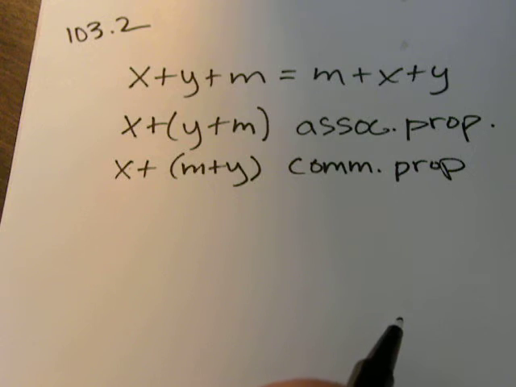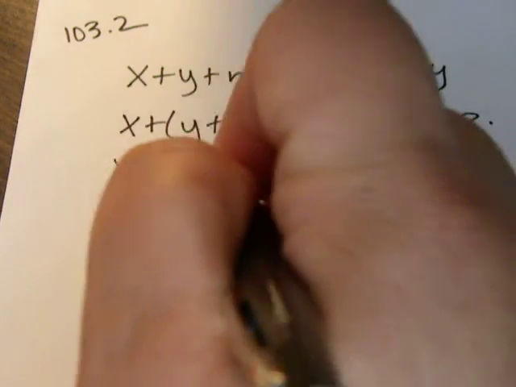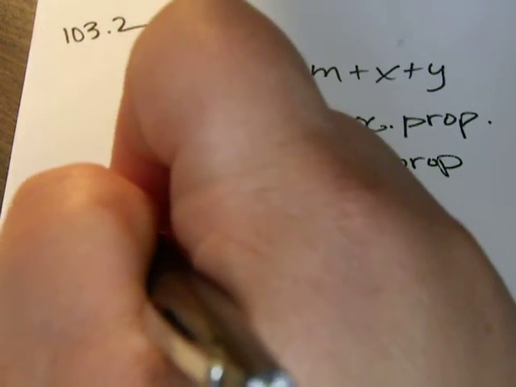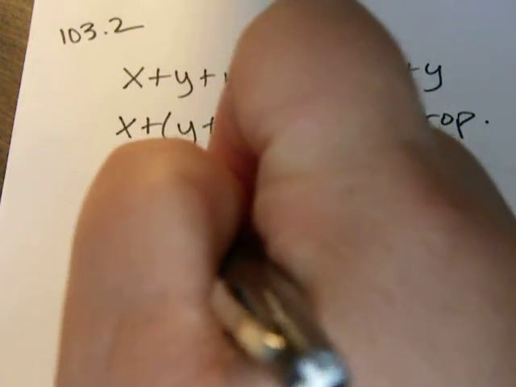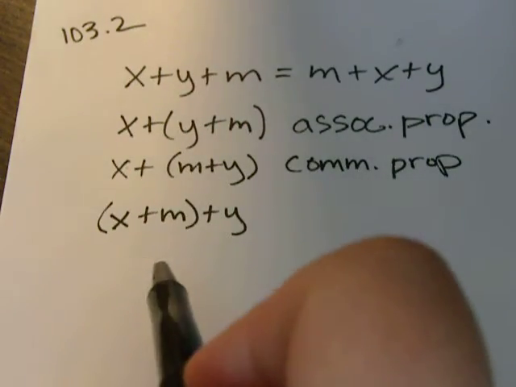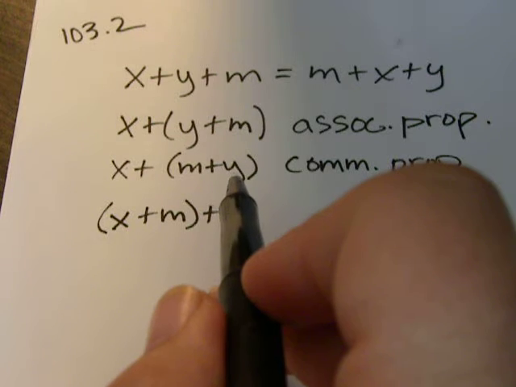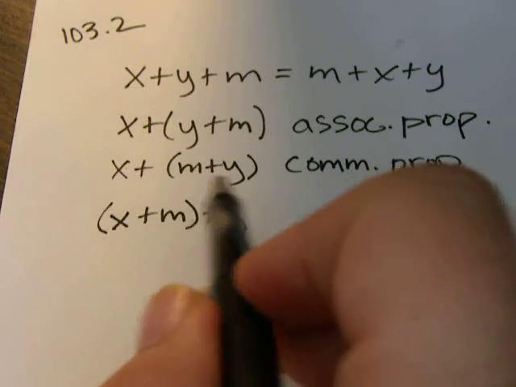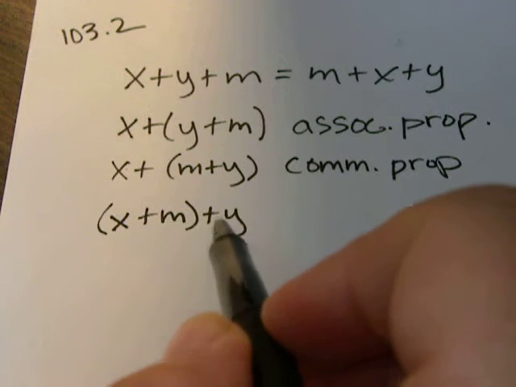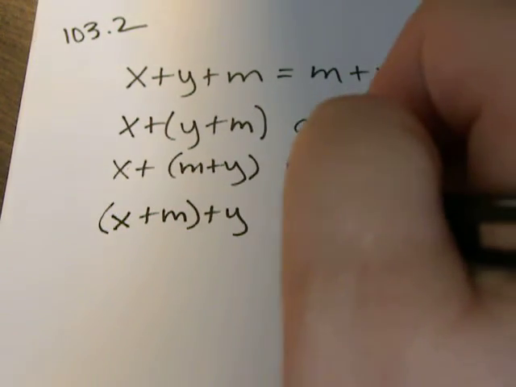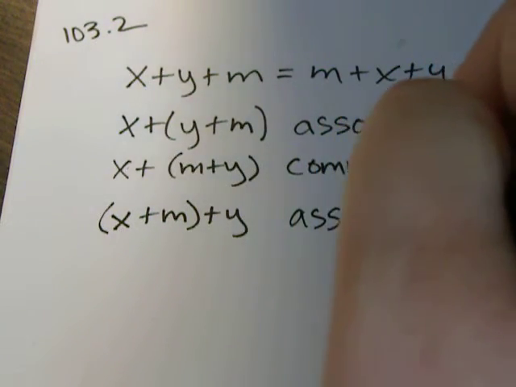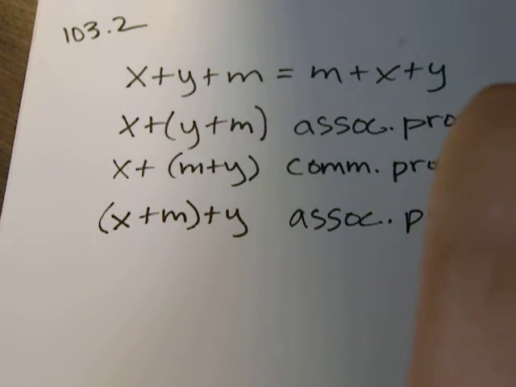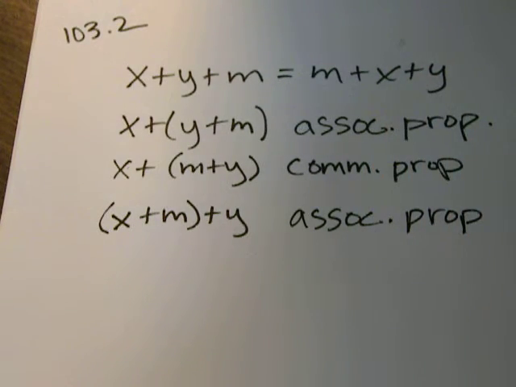The next thing I'm going to do is move my parentheses, and all I'm doing is taking these two parentheses and moving them over here. The order does not change. x, m, and y are still in the same order. So now that I've moved my parentheses, I use the associative property to do that. And then you can see what the last step is.